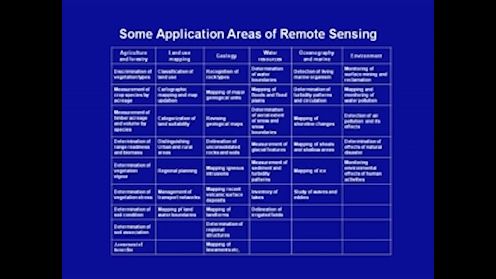For example, in the area of agriculture and forestry, one can undertake the discrimination of vegetation types, measurement of crop species by acreage, measurement of timber acreage and volume by species, determination of range readiness and biomass, determination of vegetation vigor, determination of vegetation stress, determination of soil condition, determination of soil association, assessment of forest fires.